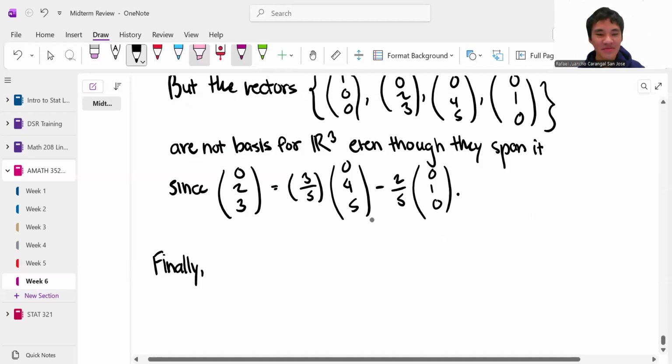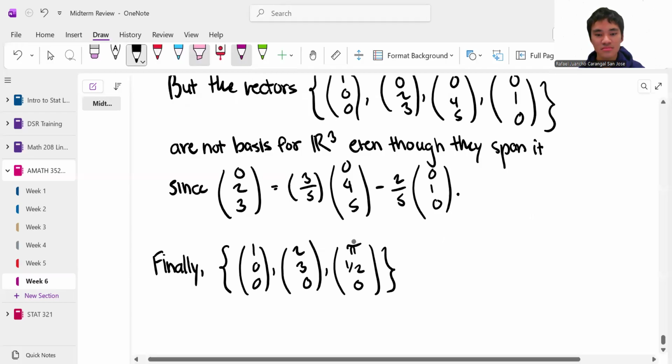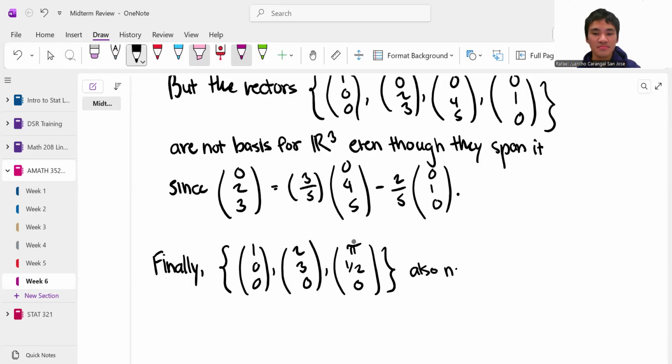Finally, say we have the set of vectors. I'm going to throw in a pi there, why not? How about these? Is this a basis for R3? It's not.